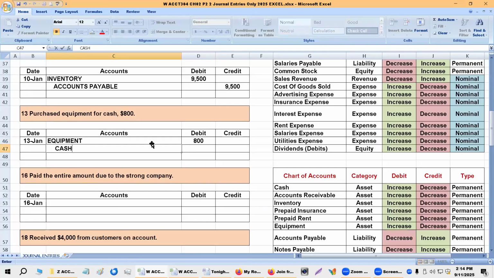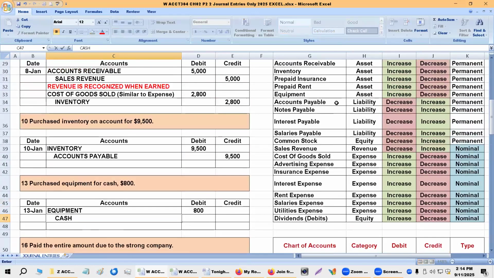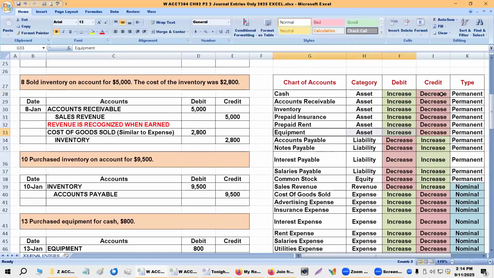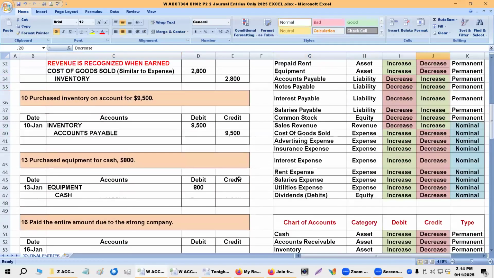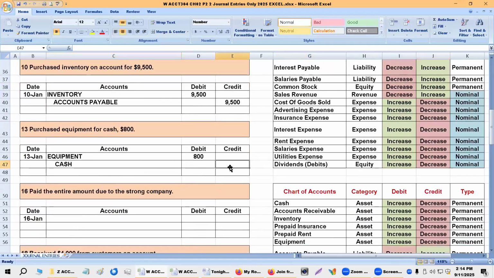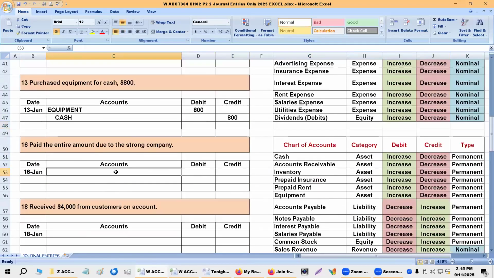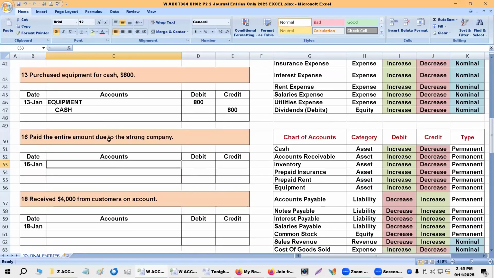Equipment's going up, debit, and our cash is going down with it. Do you guys want me to put the plus and minuses, the asset plus and minuses? I've had people say, well, you know what the hard part is, the plus and minus. I get the journal entry, but maybe I should put those in.